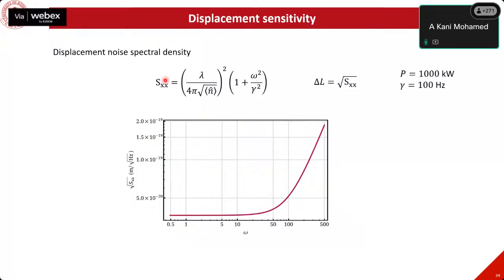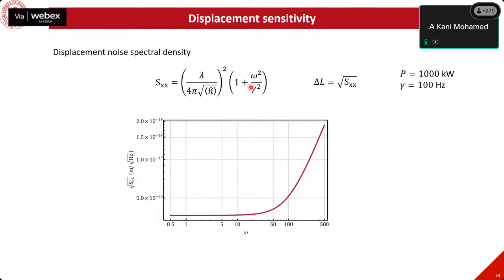In order to see the displacement sensitivity, we have to compute the power spectrum of the displacement, the noise which is contained in the phase and then converted to displacement. So the sensitivity is nothing but the square root of this position displacement power spectrum.